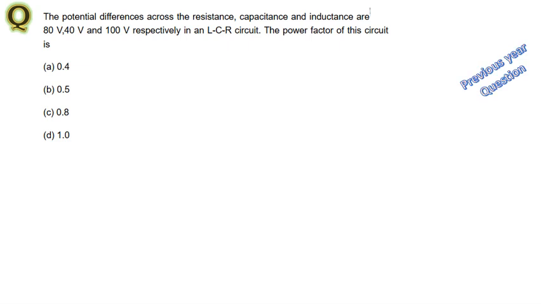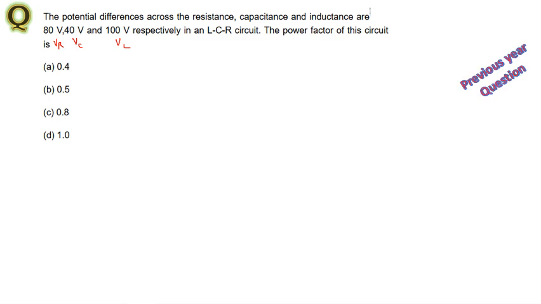The next problem is the potential difference across resistance, capacitance and inductance. The potential difference across resistance I mention as VR, the next one is about capacitance, another one is about inductance.